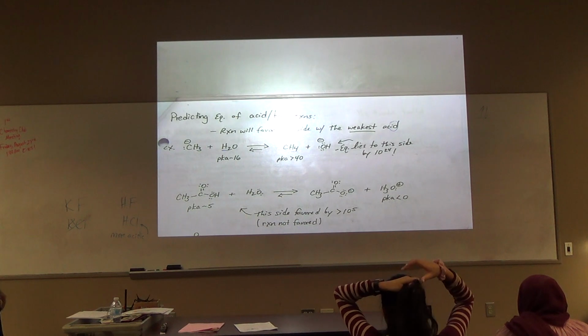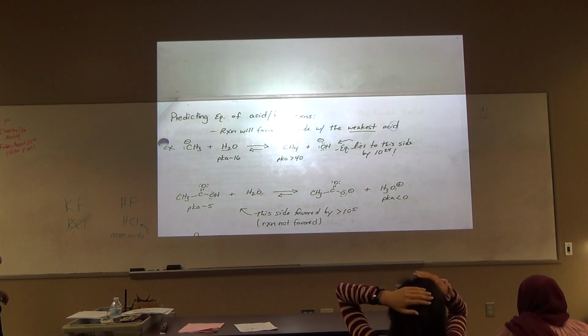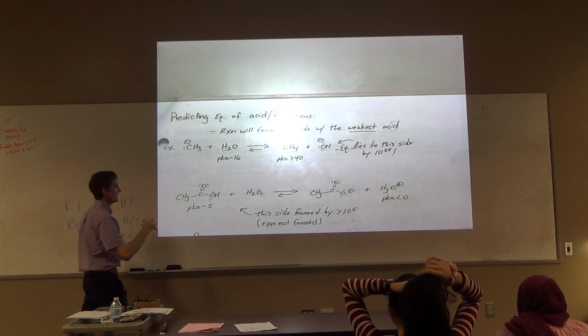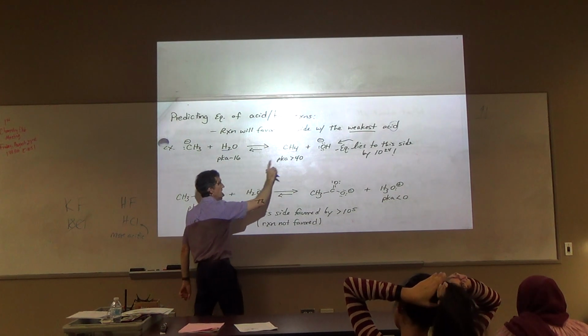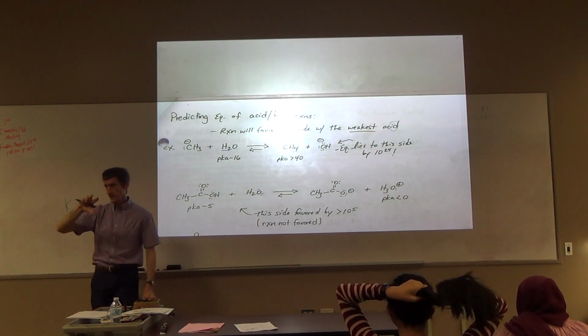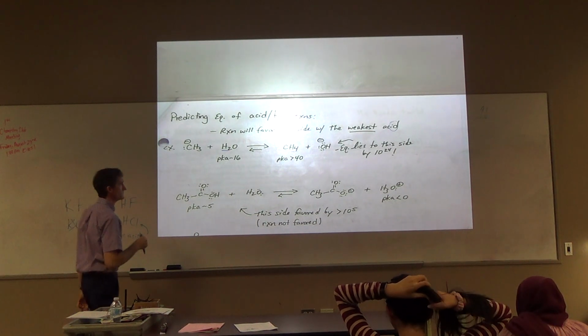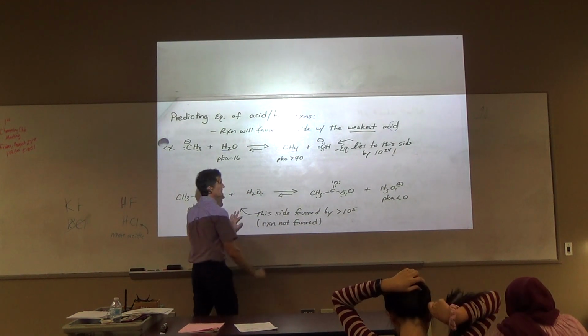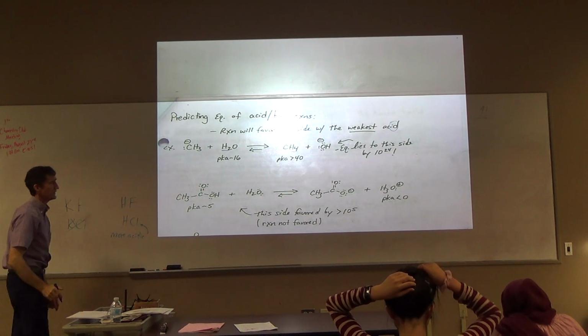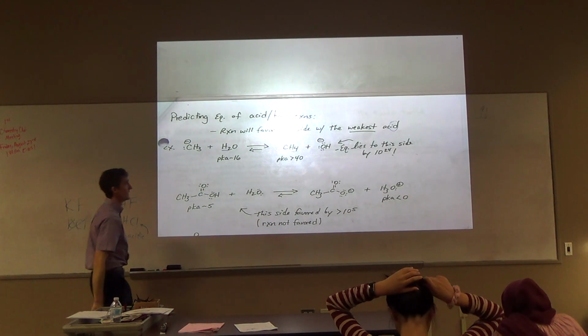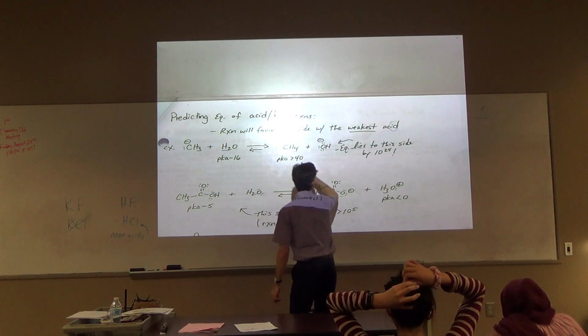Okay. Which of those two is the weakest acid? Well, I gave you pKa's here. You need to learn 16 for water. That's just hydrocarbon, which was on our first page. Hydrocarbon greater than 40. Which one's weakest? pKa tells you that. So which side's favored? That side. How much is this side favored?